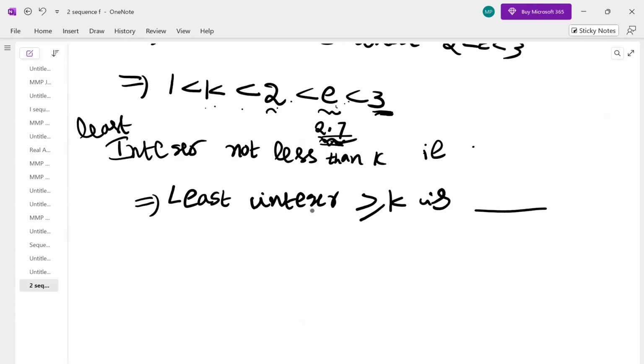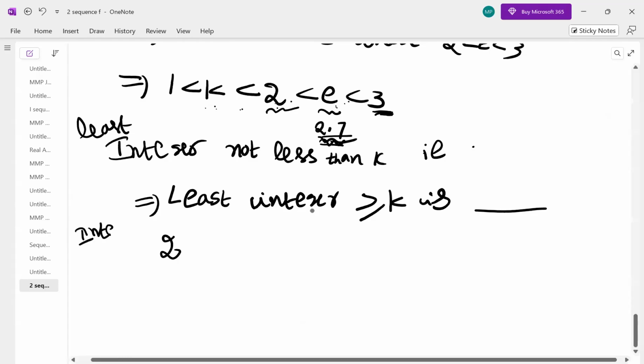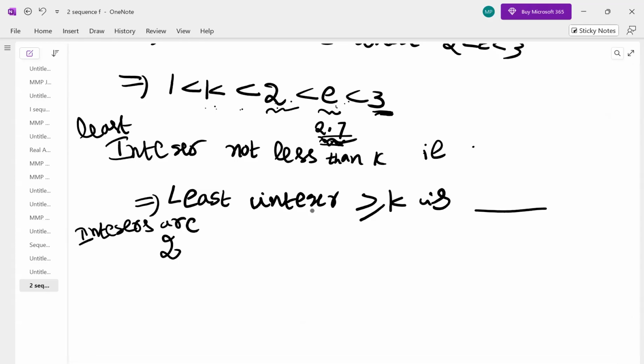So what is the integer for k? Integers greater than k: k is not an integer, and k is less than 2, so they are 2, 3, 4, and so on.